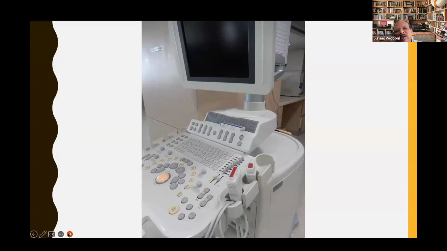What I suggest is, if you take an ordinary glove, put some gel in that and use this as a cover for the echo probe, and do echo with the probe having a cover of an ordinary glove.